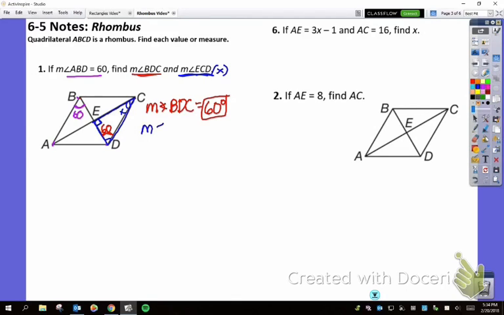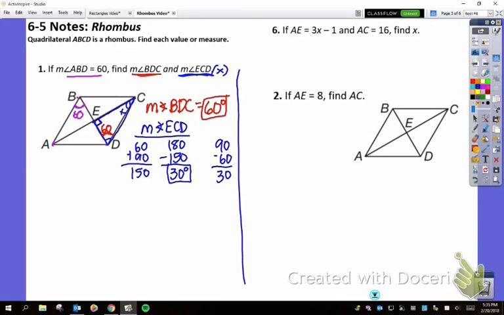So to find the measure of angle ECD, we could say 60 plus 90 gives us 150, and then we could subtract that from 180 to get 30 degrees. Or you could just say 90 minus 60, which gives us 30. Either way, you get the right answer.